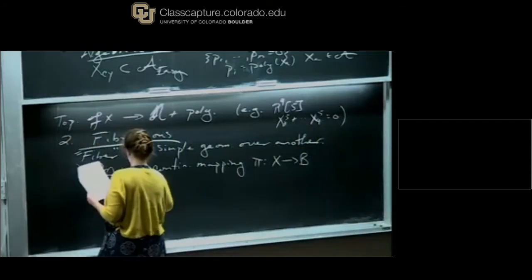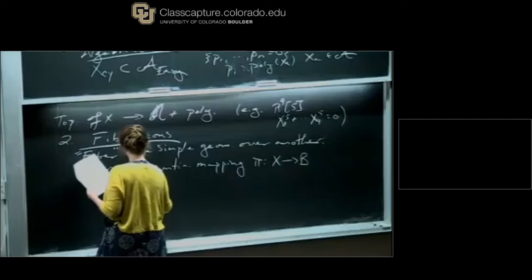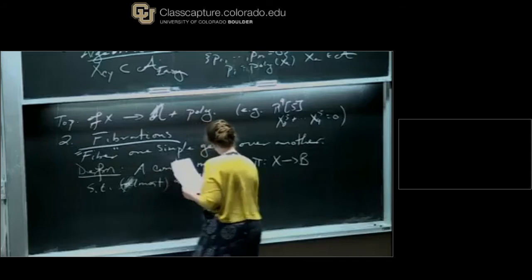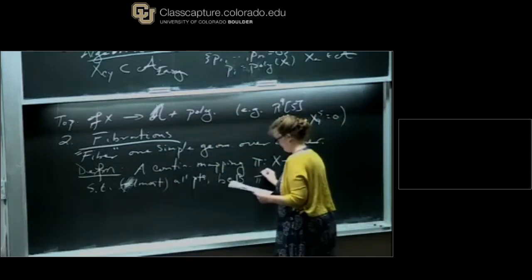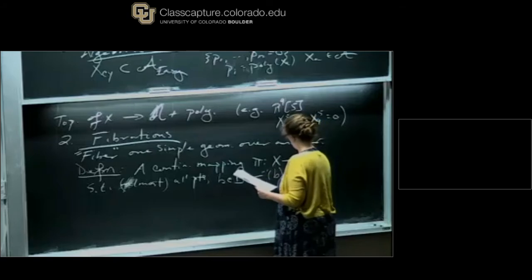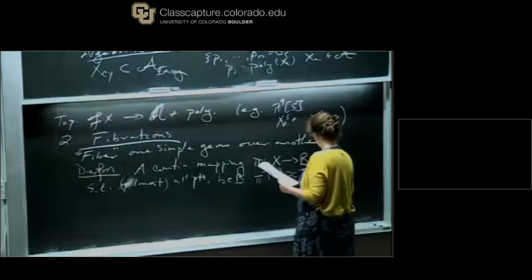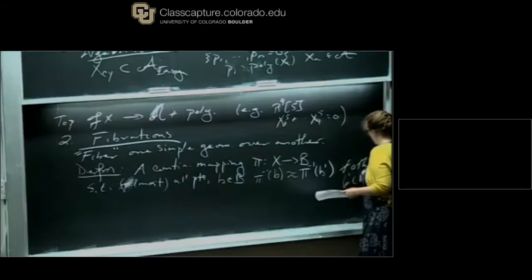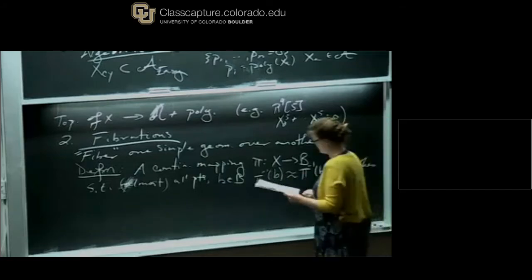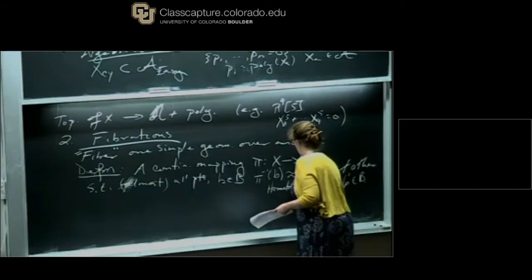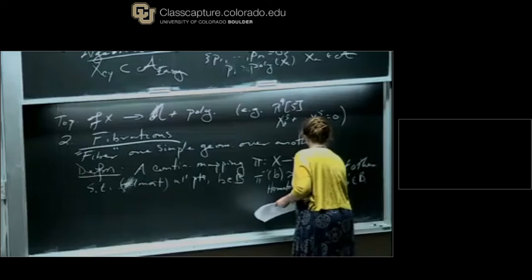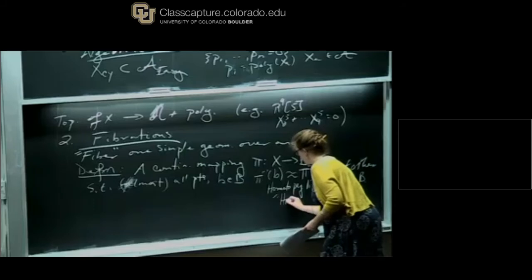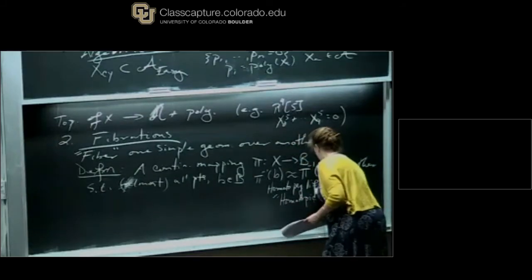for almost all points B inside this target space B, the inverse image of B is homeomorphic to the inverse image of B prime for all other B prime in B. And this property is referred to as homotopy lifting, i.e. the inverse image of any two points in the target space are, quote, homotopic, which just means smoothly deformable.